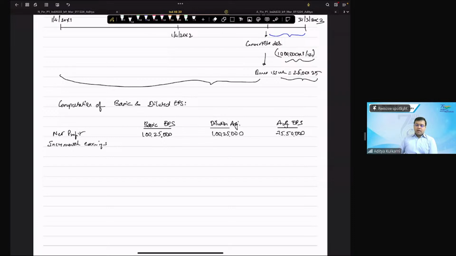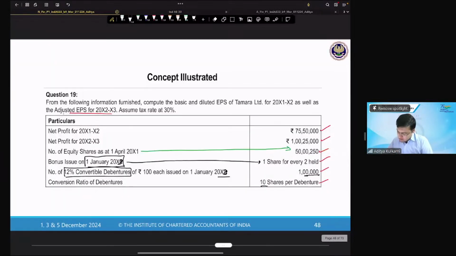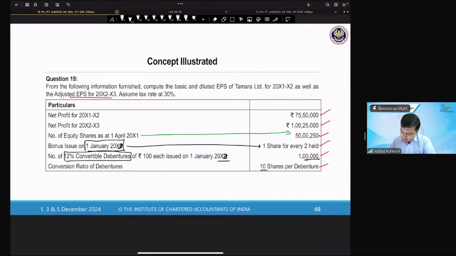Yes, I have incremental earnings. 1 lakh into 12% into rupees 100 into 12% into 3 by 12 into 100 minus 30%.